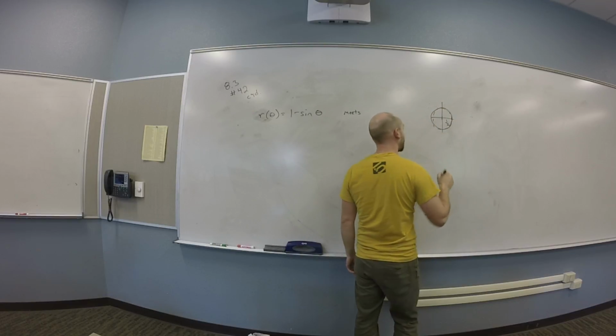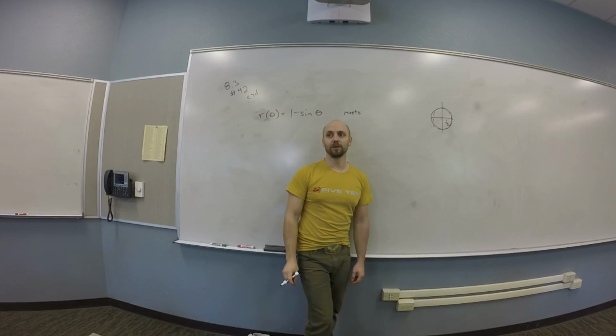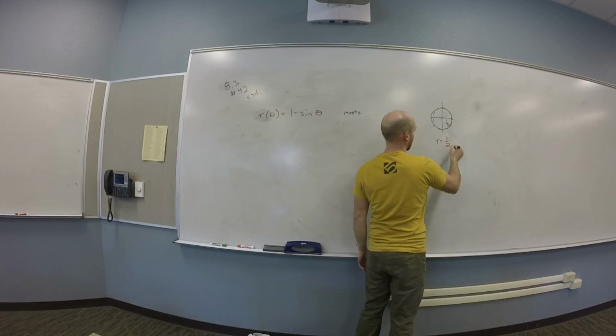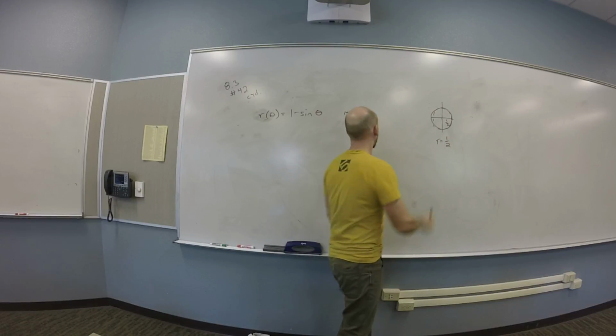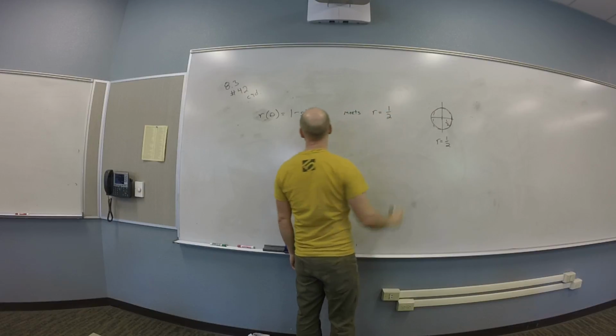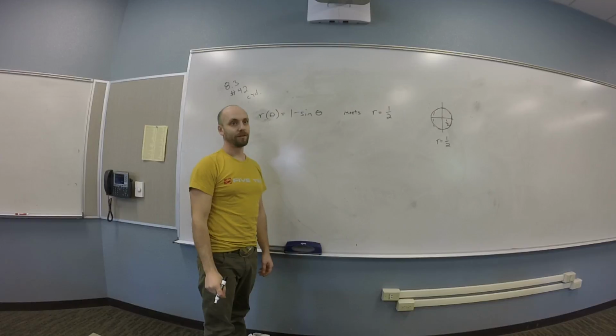Oh gosh, it's getting even worse. Anyway, what is the equation for such an object? r equals 1/2. That's easy, right? So I want to know, when does r equals 1 minus sine theta meet r equals a half?